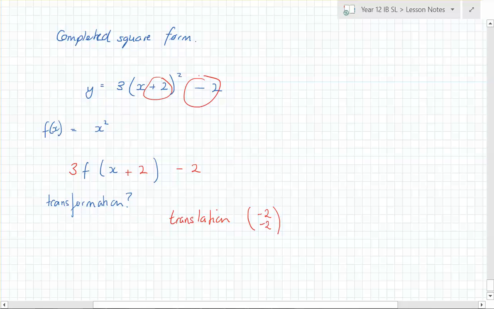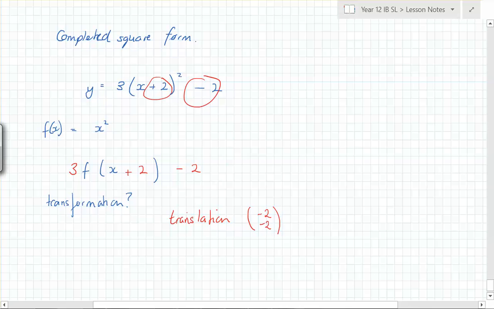The first thing we looked at is what you do when you add or subtract something onto the function. Remember, it shifts it up and down. A translation has an x component and a y component, and we broke those up into two different parts. So there is a translation of minus 2, minus 2.